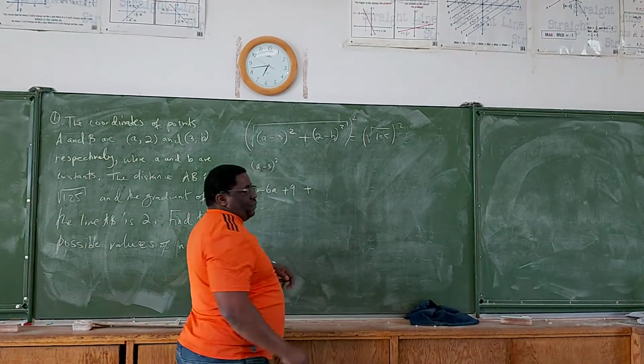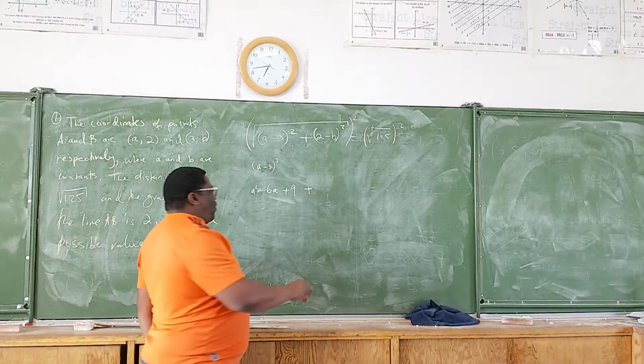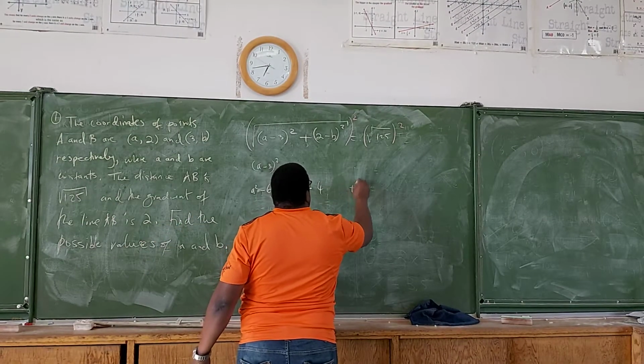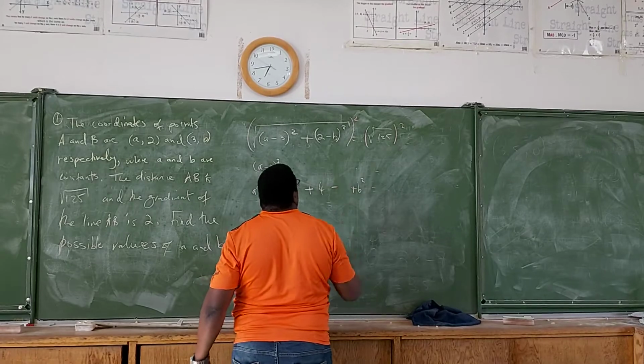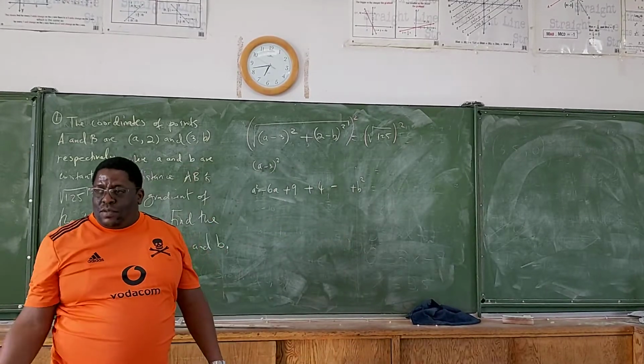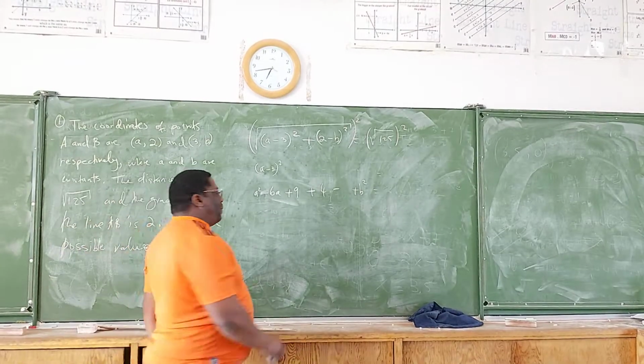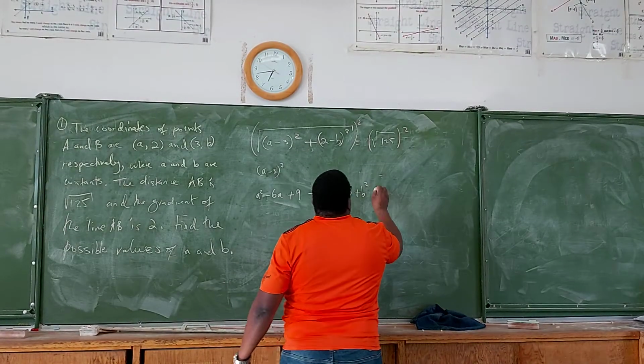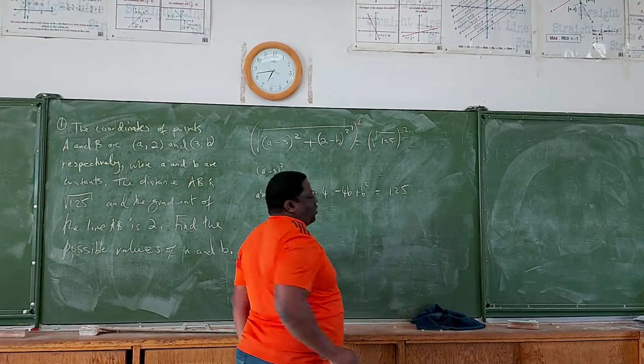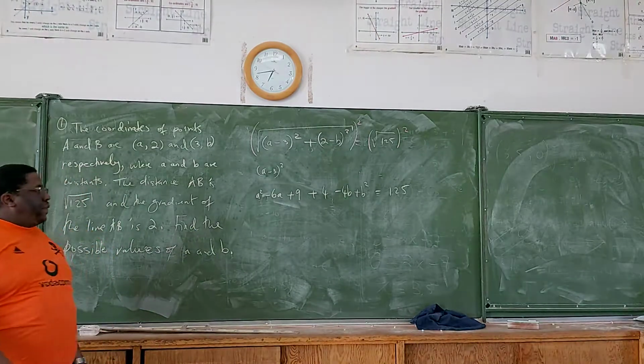Then 2 squared is 4, plus b squared, and what comes in the middle? Minus 4b, equals 125.